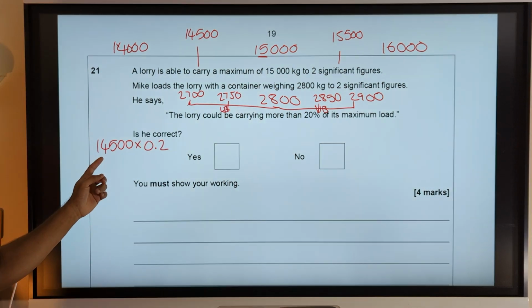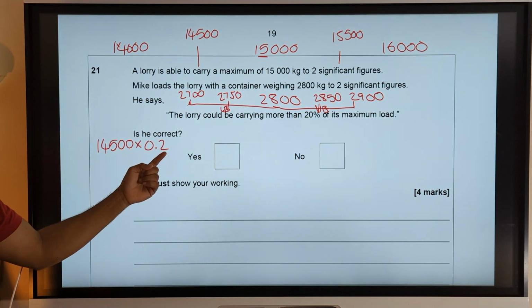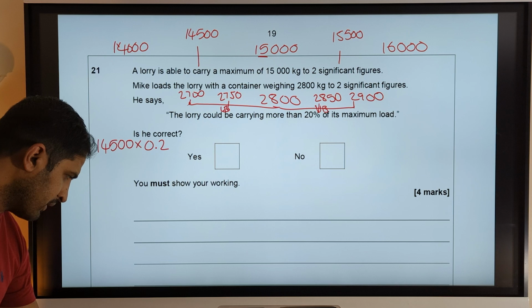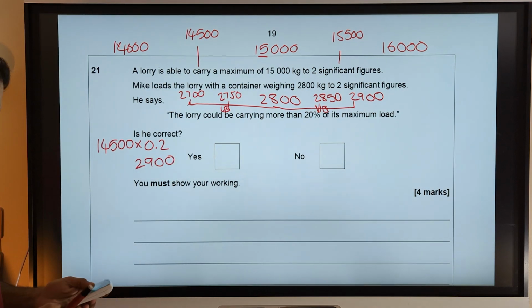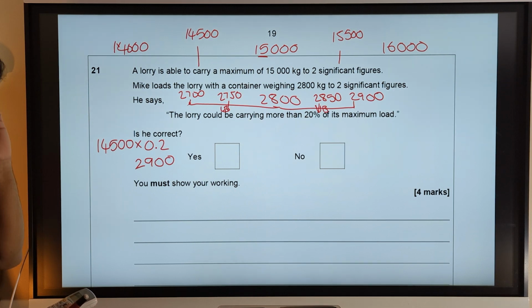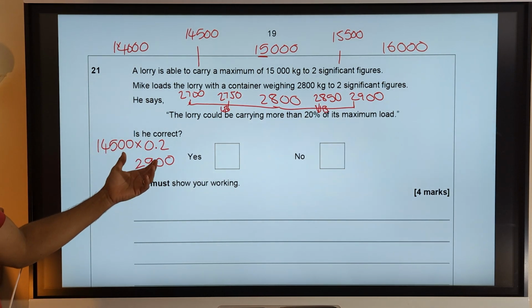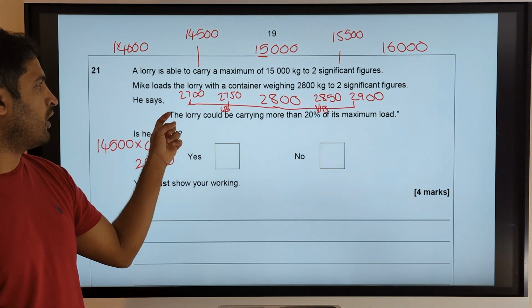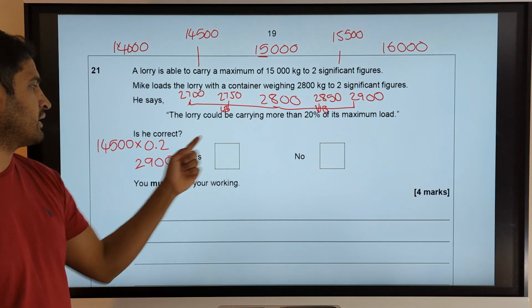We multiply 14,500 by 0.2, and that'll give you 20% of 14,500, so 2,900. So the lorry could be carrying up to 2,900, which is 20%.